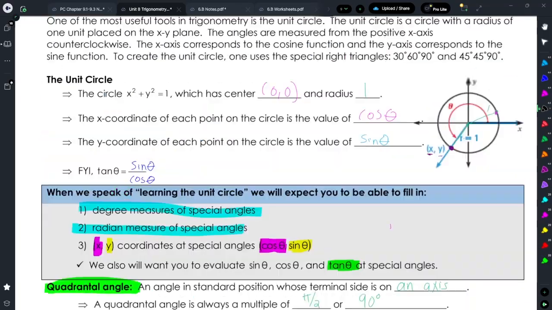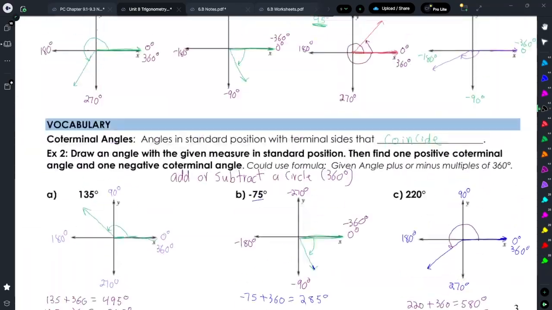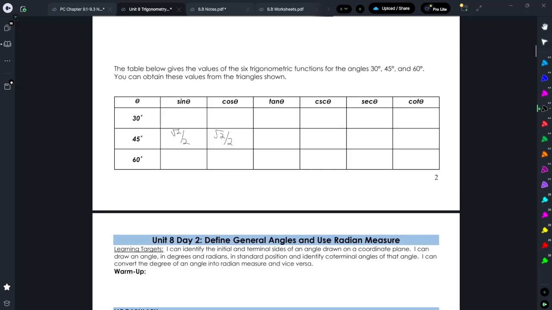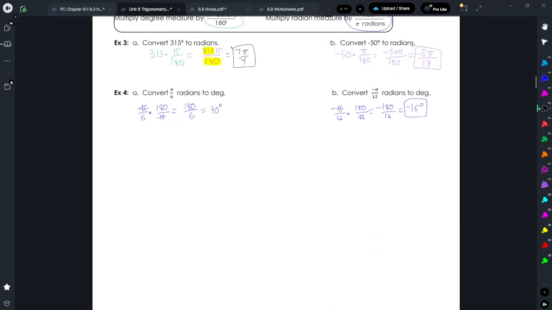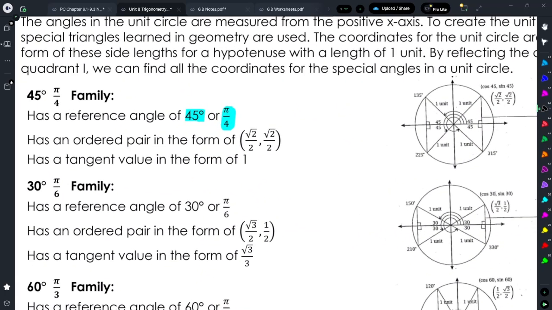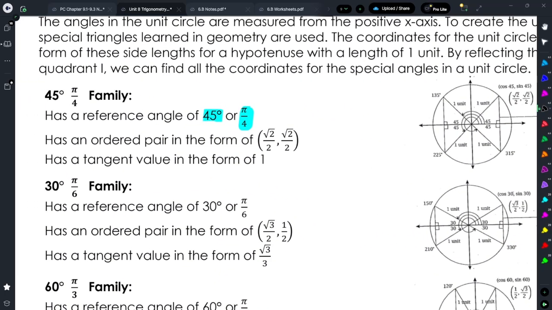That may look familiar from our first day of notes up here, where we said that the sine and cosine were square root of 2 over 2 for 45 degrees. So these values are going to be used down here in our unit circle. The difference is, depending on your quadrant, something will be positive or something will be negative.